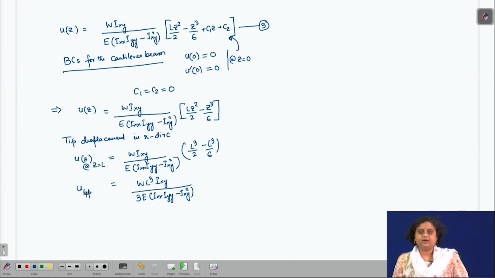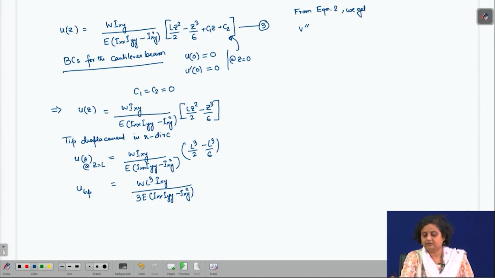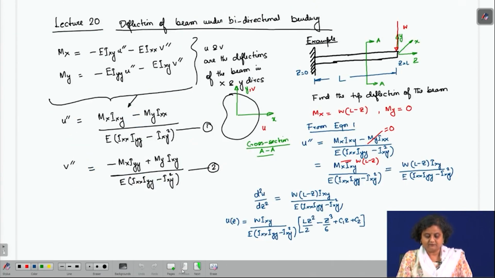Now similarly, we will write down the expression for V double dash. So from equation 2, we get V double dash is going to be W minus W. So we have the expression for V double dash.